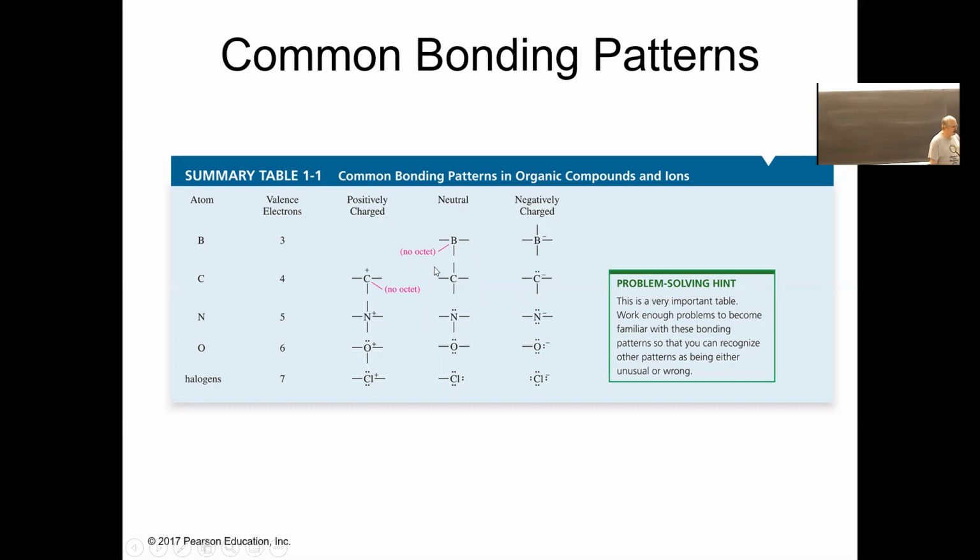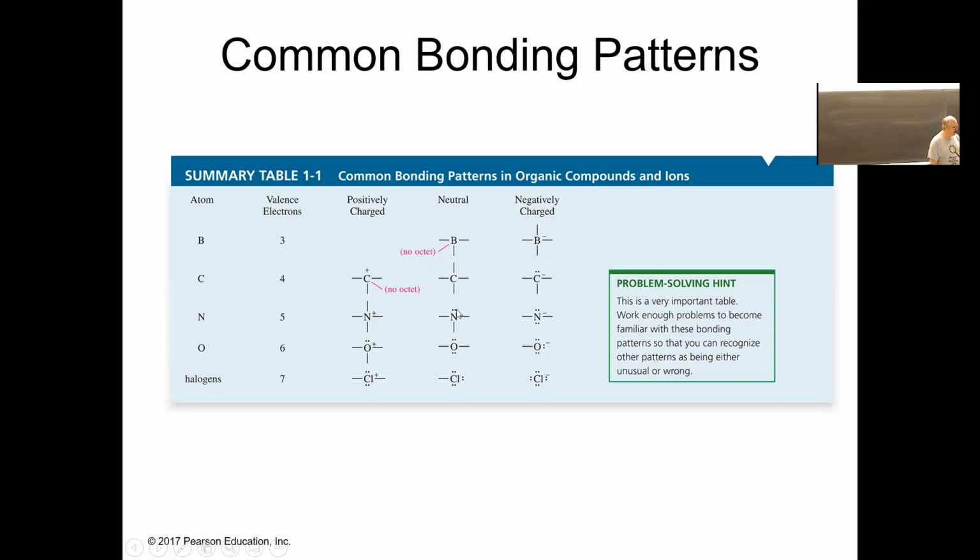Then, let's go back to carbon. If we convert one of these bonding pairs to a non-bonding pair, then we acquire a negative charge. This is called a carbanion, and it does have an octet.